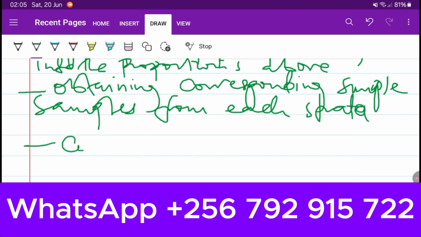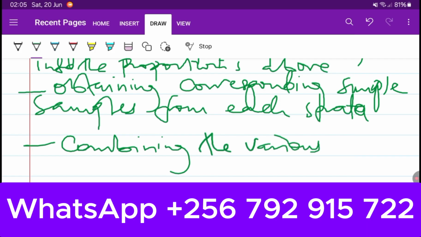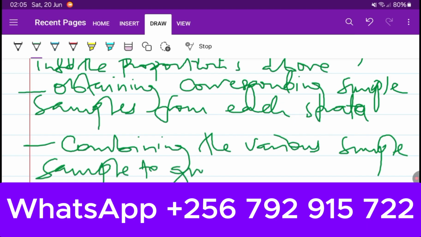And then finally, combining the various simple samples to give the stratified sample.